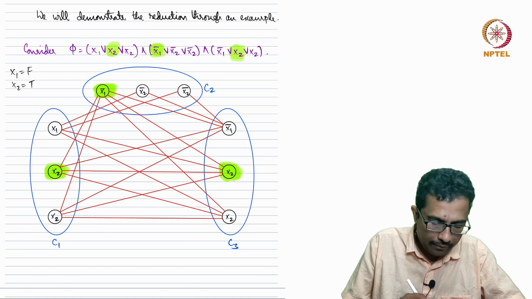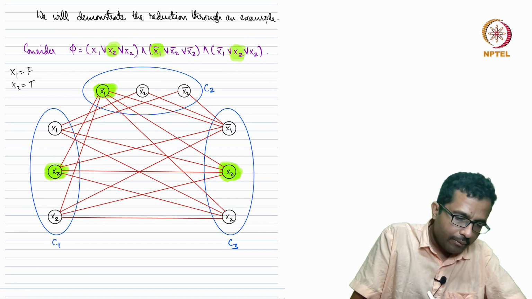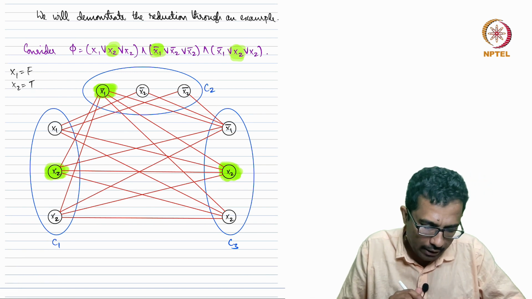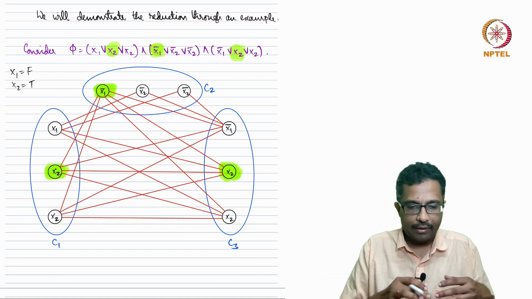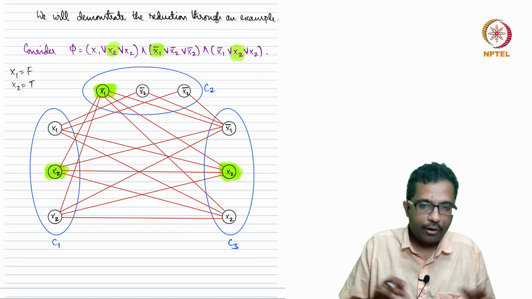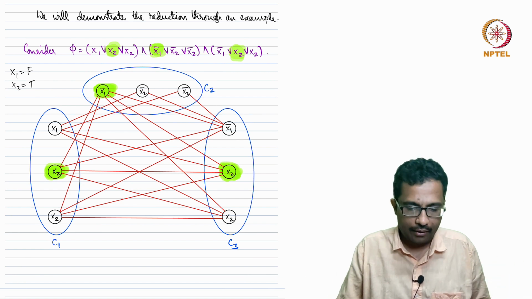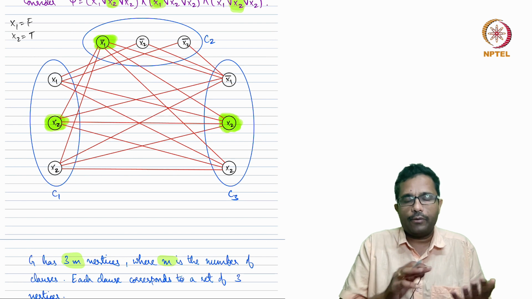Why is that? In the figure you can see that they are indeed adjacent, but why are they adjacent in general? They are adjacent in general because first of all they are in three clauses, so they are not in the same group. We do not put edges only for two reasons.